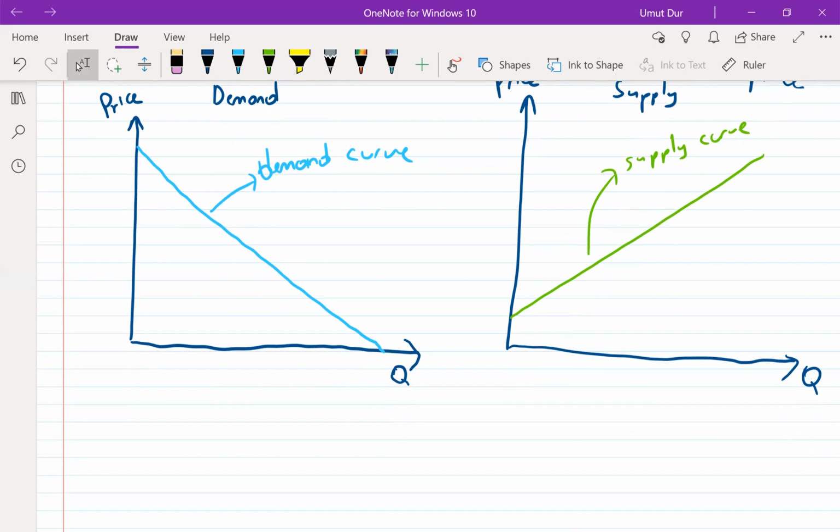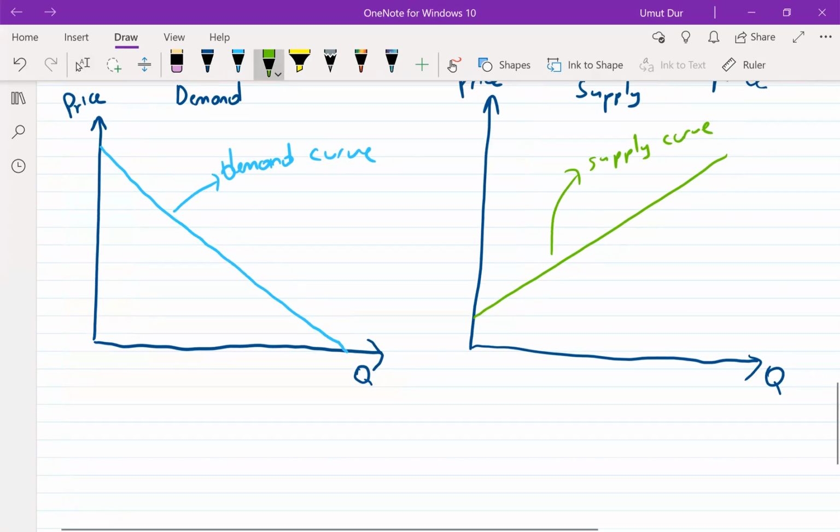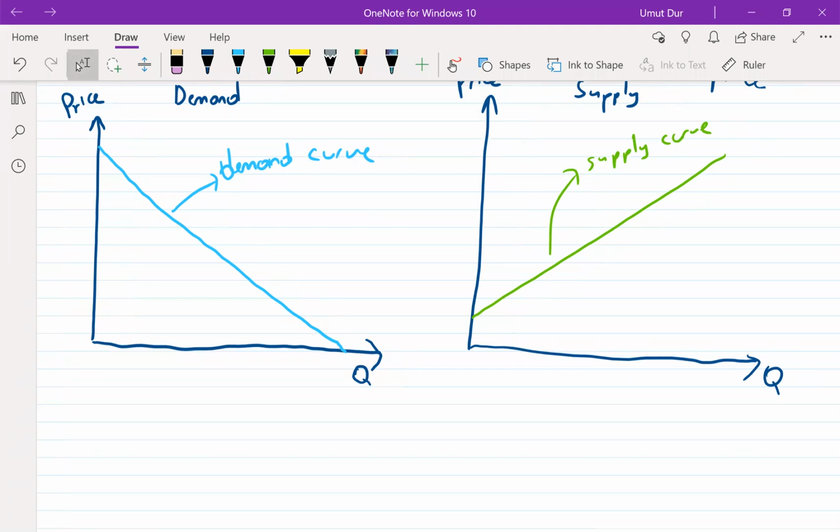Let me put this supply curve on the first graph. I will just draw it here. This is the supply curve. Let's think about where the equilibrium price is here.